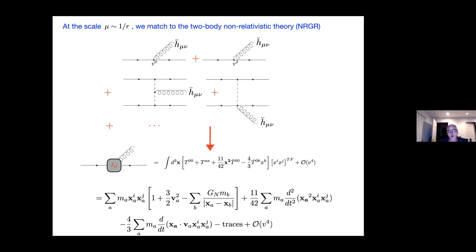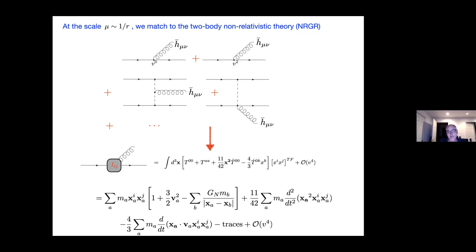So for example, if you have two point objects orbiting each other in a non-relativistic system, matching just means the multipole expansion. But in gravity, the multipole expansion is more complicated than what's in Jackson's textbook because of nonlinearities.